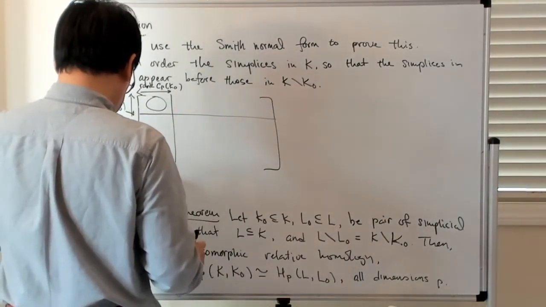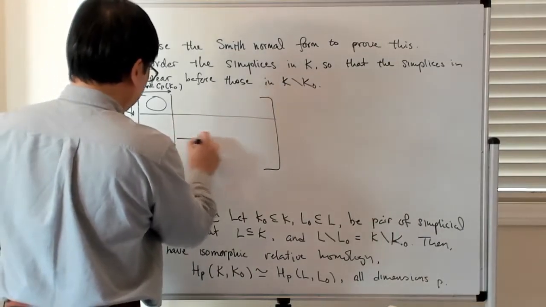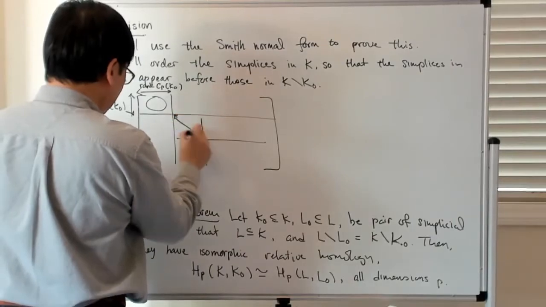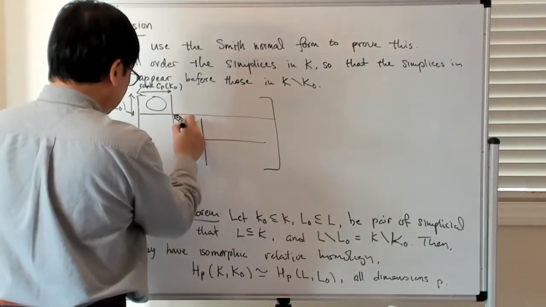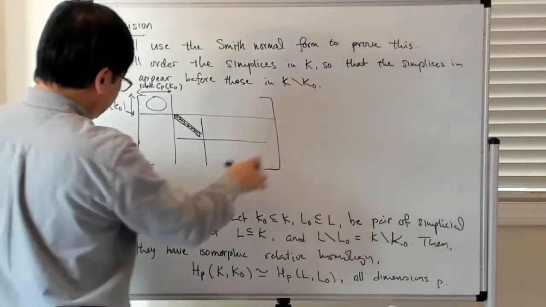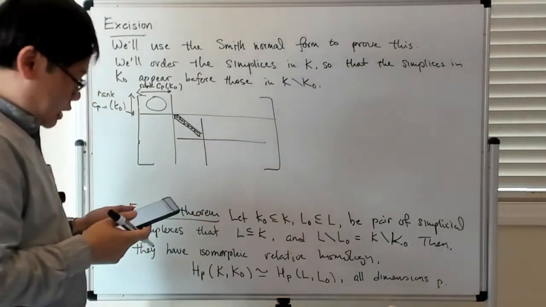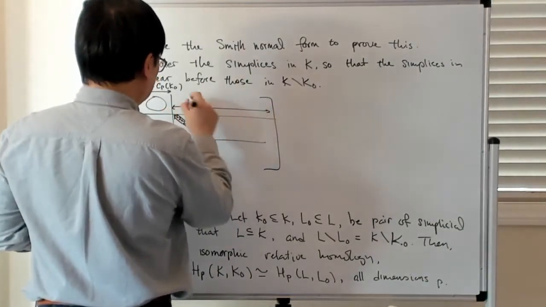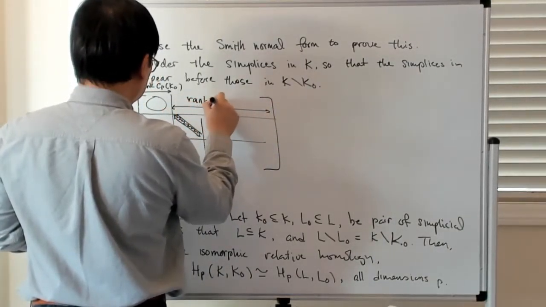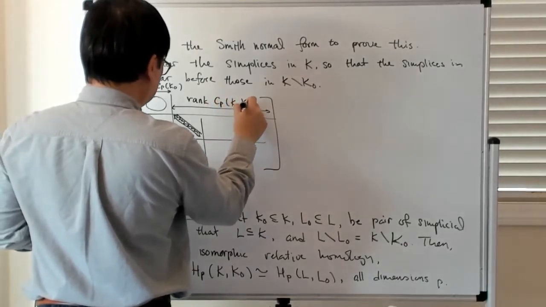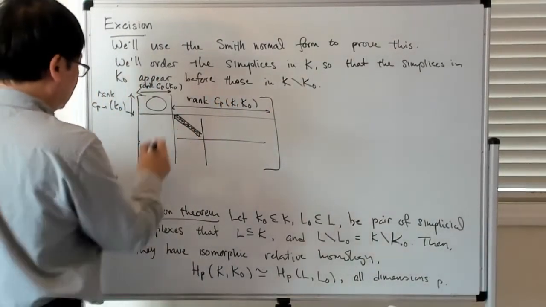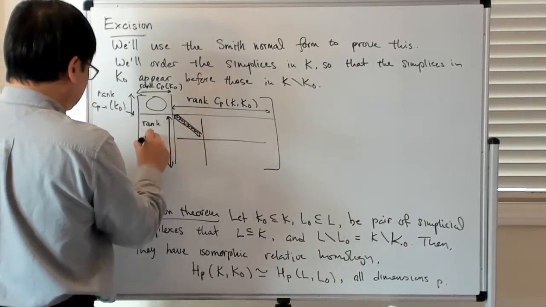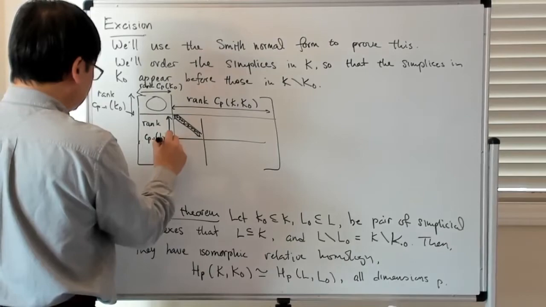Then we have the part which we normally associate with the Smith normal form, this diagonal of 1s, and this piece is related to the relative homology. This is the rank of C_p(K, K0), as you might expect, and this is the rank of C_{p-1}(K, K0).